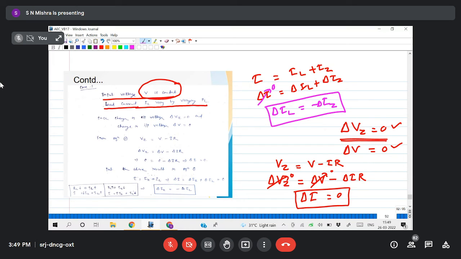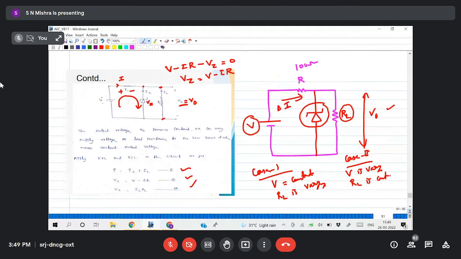Suppose due to increase in load resistance, IL decreases, in the same proportion IZ will increase. That will balance the current.